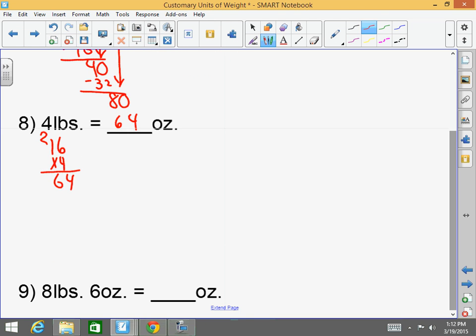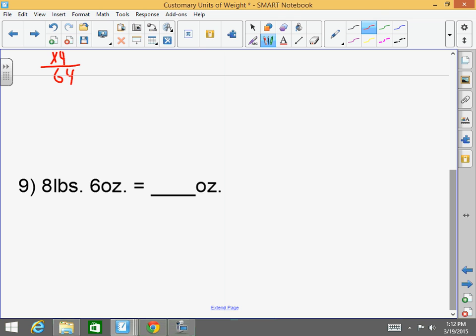Yes, I do. Okay, how about 8 pounds, 6 ounces? I want it all in ounces. So that means I'm going to have to turn these 8 pounds into ounces. So I'm going from pounds to ounces, so do I multiply or divide? I multiply because I'm going large to small. So 16 times 8, very good, my man. That is 48, carry the 4.